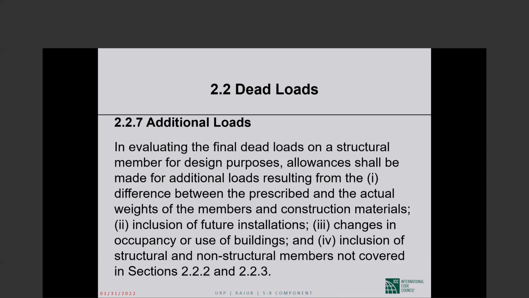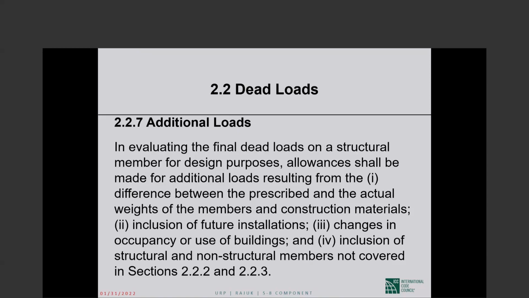And that accounts for possible changes in occupancy in the future. Your specified live load is 50 pounds per square foot. You may want to design for 80 pounds per square foot because that gives you some flexibility in the future. But changing your design dead load to account for future changes in occupancy, this is very uncommon.